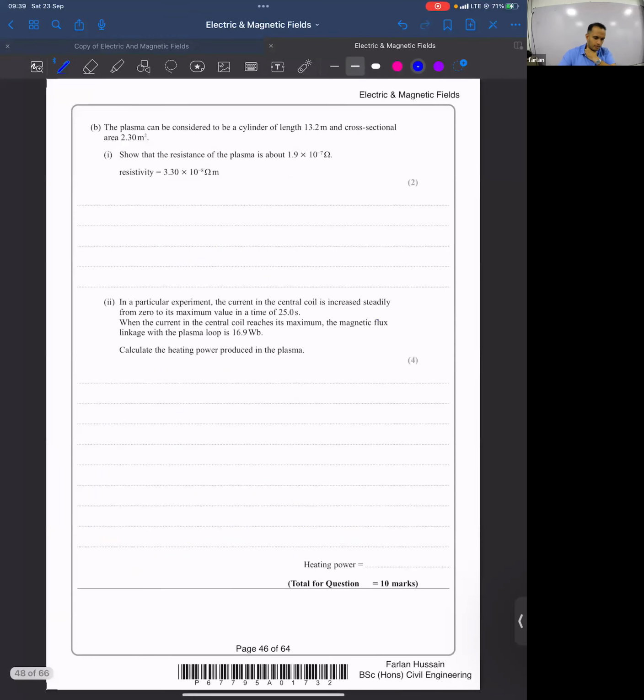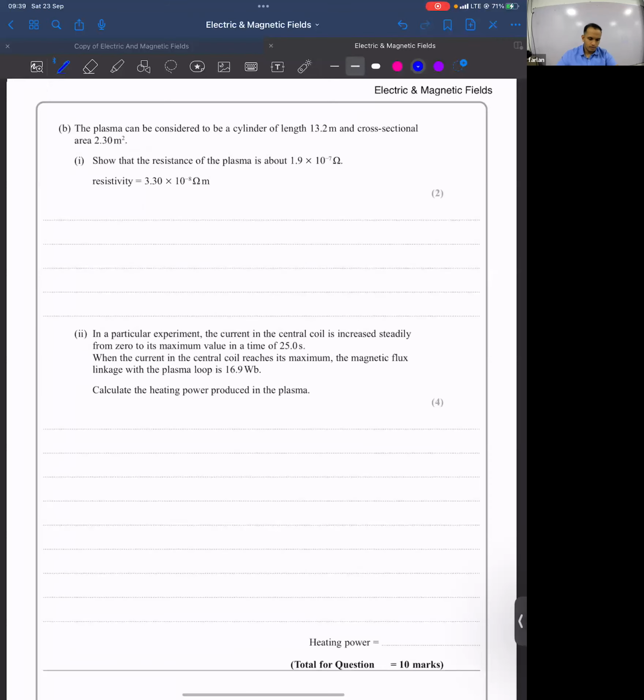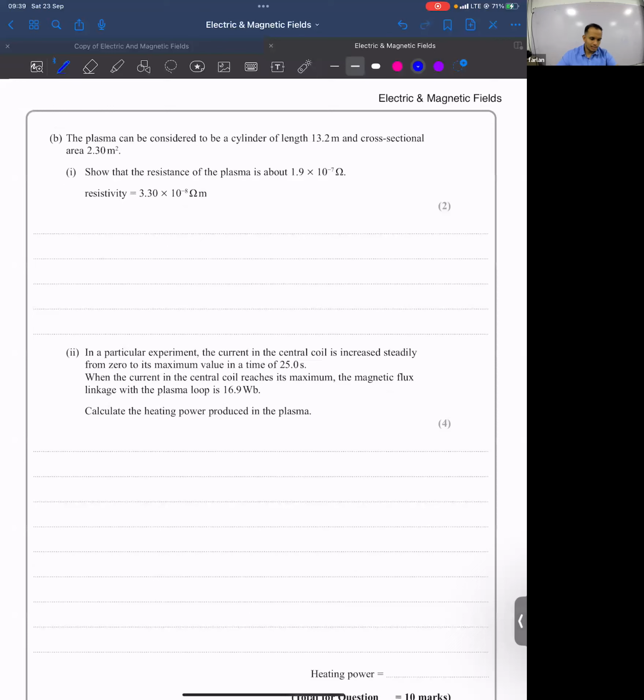Right. Part B, the plasma can be considered to be a cylinder of length 13.2 meters and cross-sectional area 2.3 square meters. Show that the resistance of the plasma is about this much. This is from your AS levels. R equals rho L over A. Resistivity is given 3.3 into 10 to the power minus 8. The length is given 13.2.